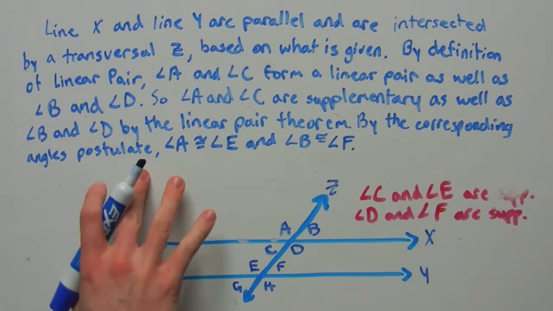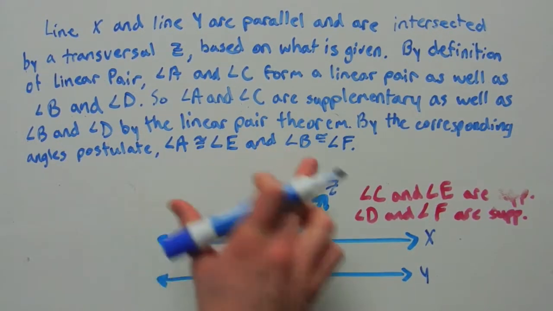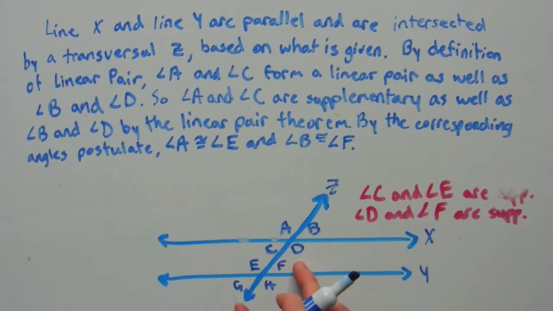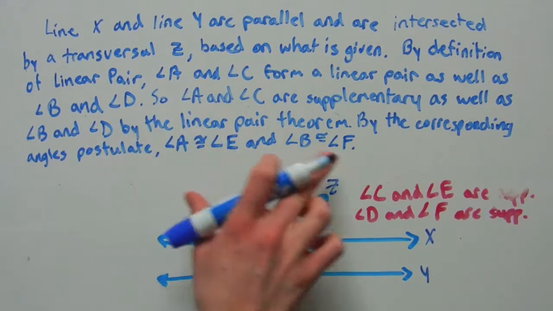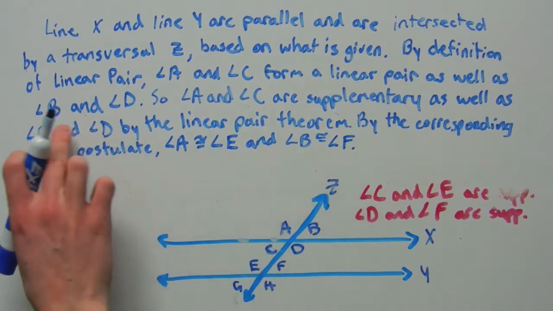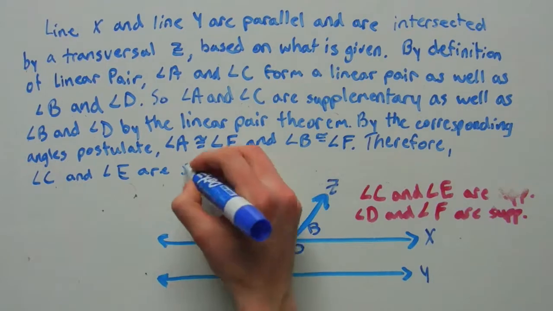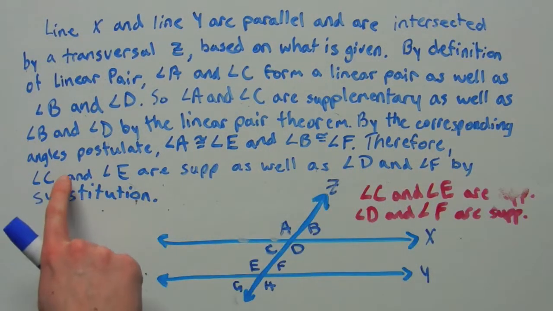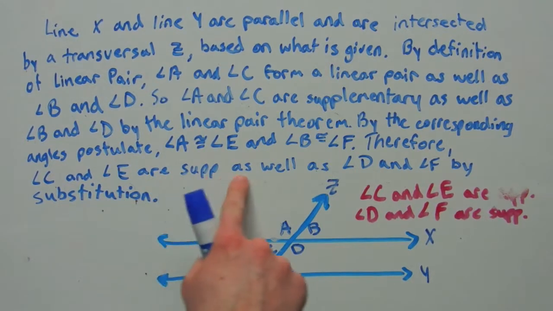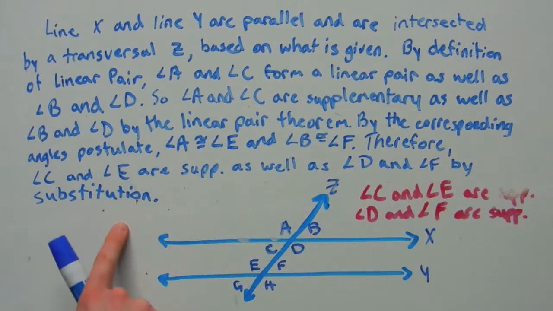So by the corresponding angles postulate, we have that angle A is congruent to angle E, and angle B is congruent to angle F. So using substitution, we can just substitute E in for A and angle F in for angle B. Therefore, we have that angle C and angle E are supplementary, as well as angle D and angle F are supplementary, and that's by substitution.